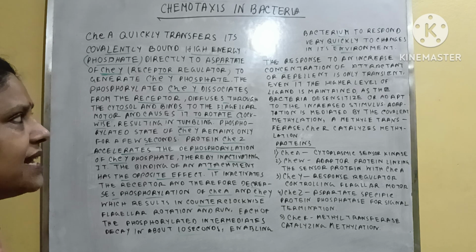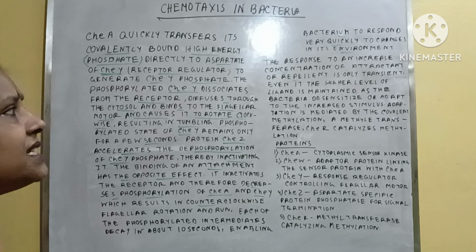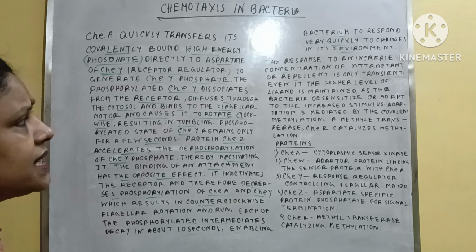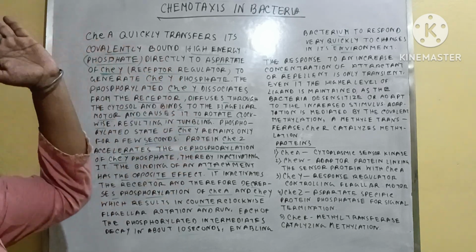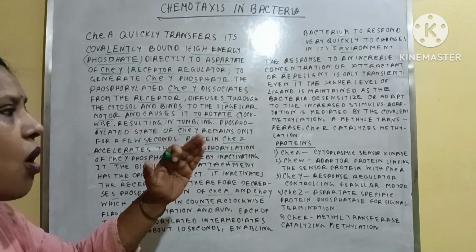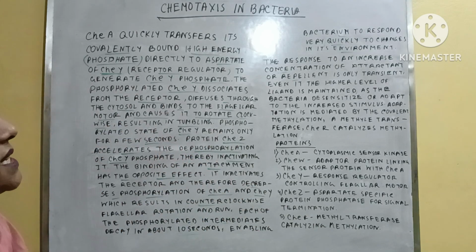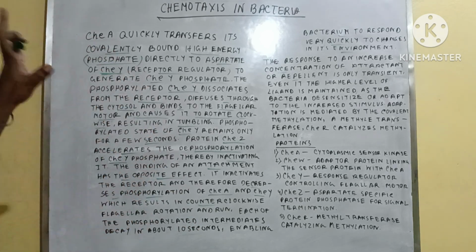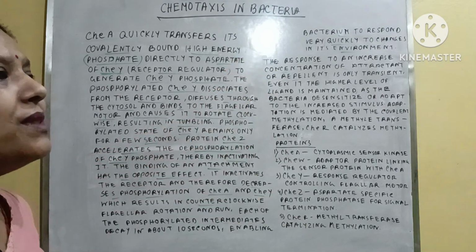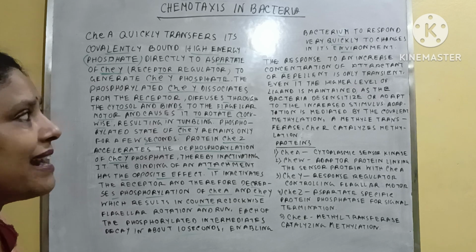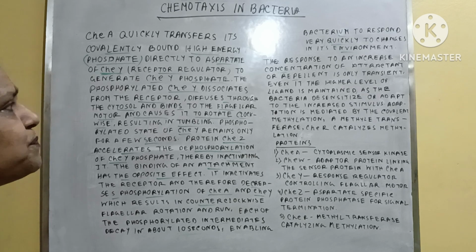So if the process is not continuing, whether the chemical is present or not, the bacteria sensitize or desensitize, and that will not be affected. So this process must be continuing, and then you can say this is the concentration of the attractant or repellent that affects the bacteria's rotational movement. Clear?